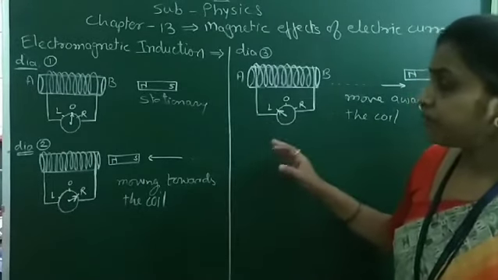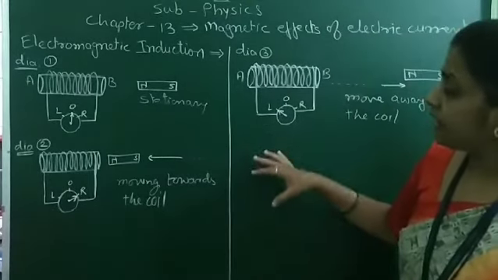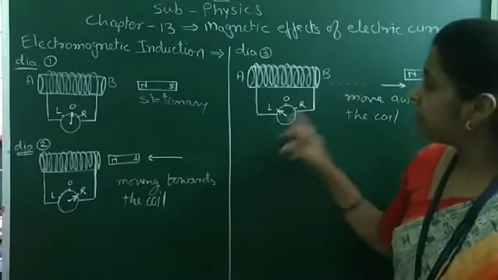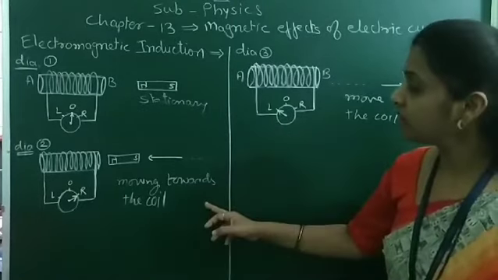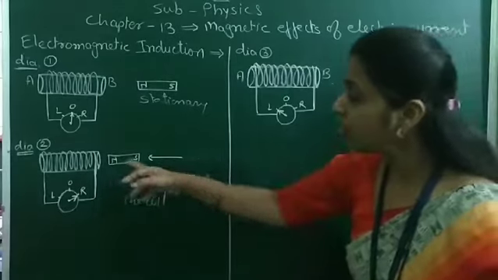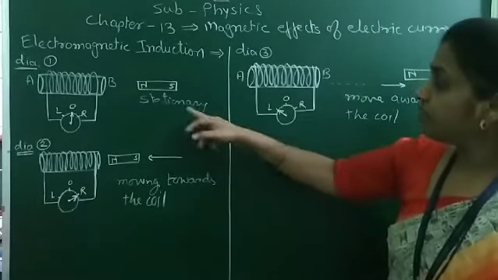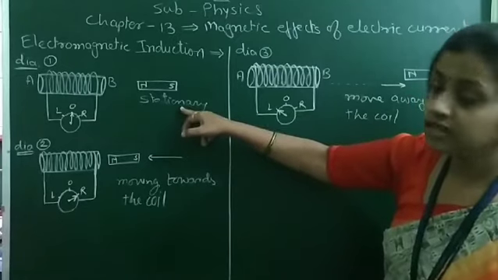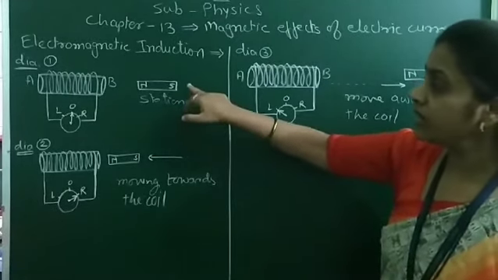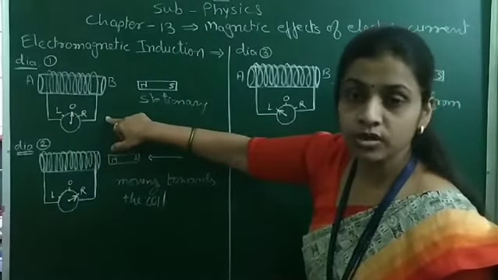Therefore Faraday concluded that whenever there is motion of a bar magnet, or a relative motion between the coil and the bar magnet, then and only then current is produced. Whenever the bar magnet is stationary, current does not flow through the coil.